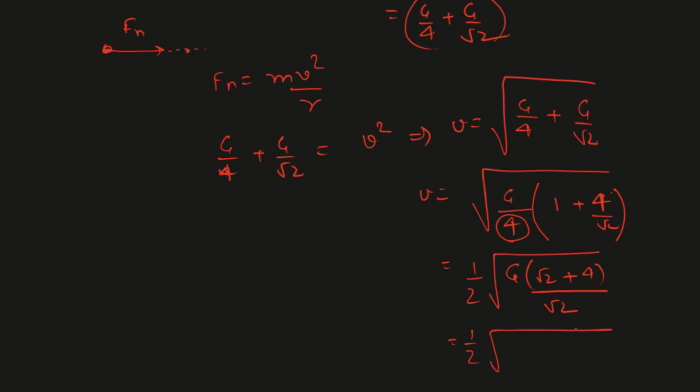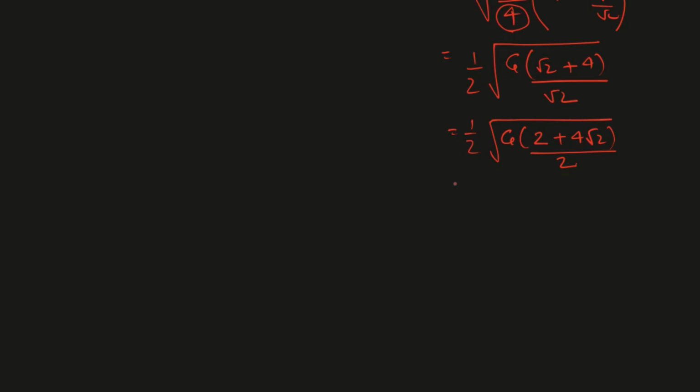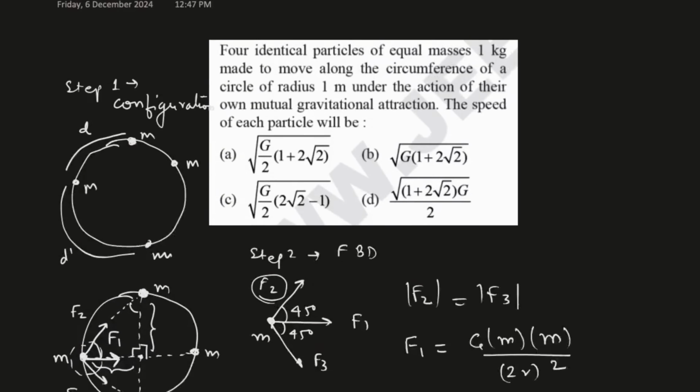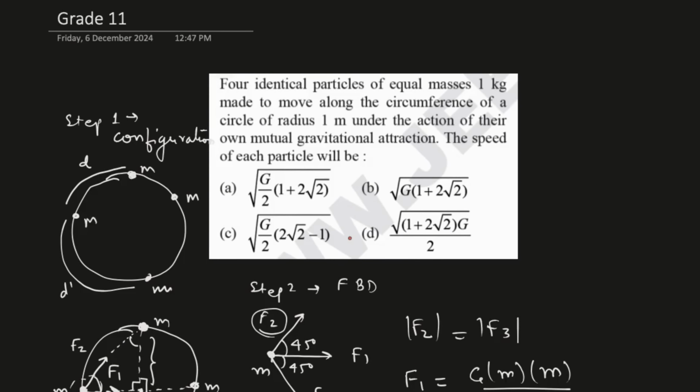Let's multiply and divide by root 2 to rationalize. So we get G into 2, because root 2 into root 2 is 2, plus 4 times root 2, divided by 2. And this becomes, if I take 2 common, G times 1 plus 2 root 2. So this is the final answer. Let's check. So the final answer is option D.